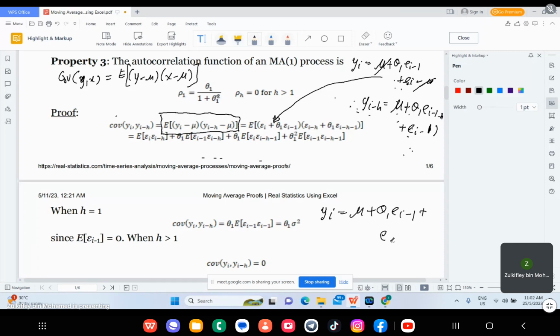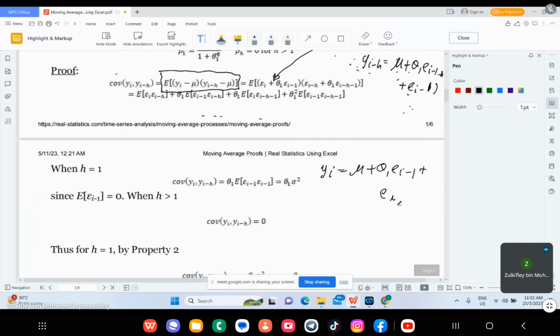Instead of i, you change to Yi minus h. Yi minus h, you will have mu, which has not changed, plus theta 1, which has not changed, epsilon i minus 1 becomes i minus h minus 1, plus epsilon i here becomes epsilon i minus h.